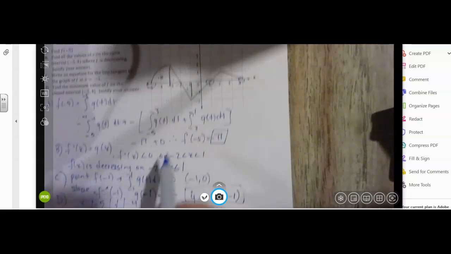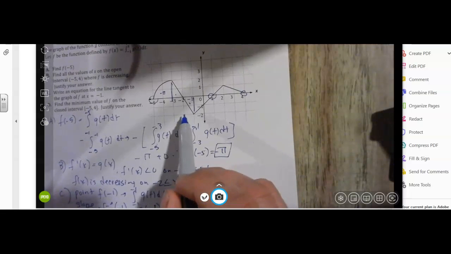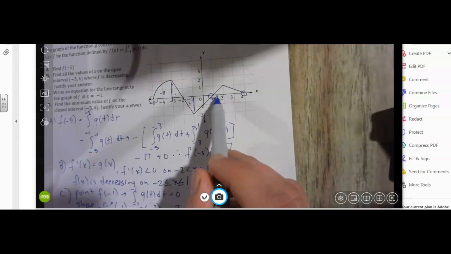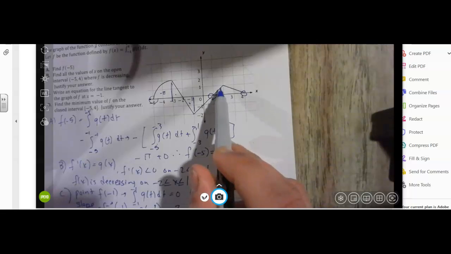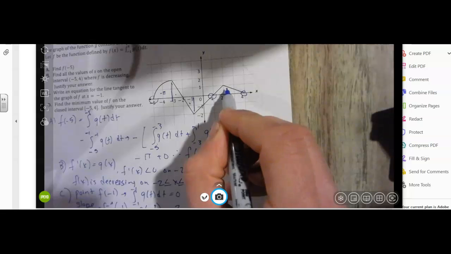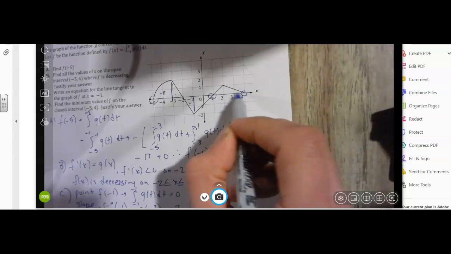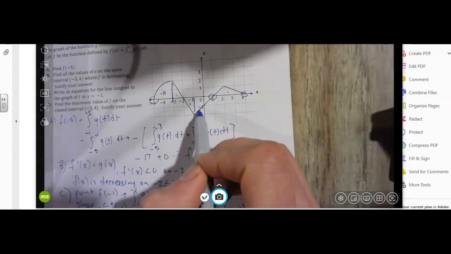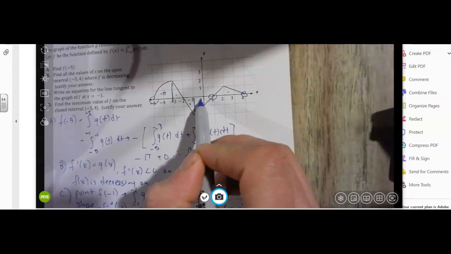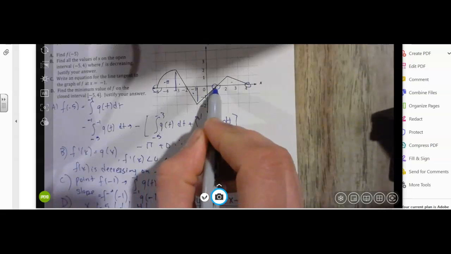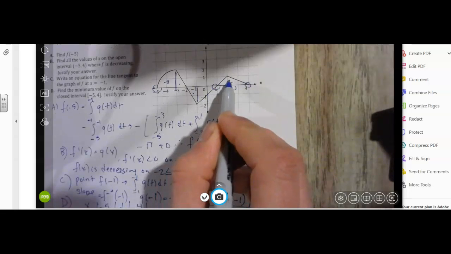And then f of 4 would be the integral from -1 to 4. This triangle right here is 3 times 1 divided by 2, so that's 3 halves.